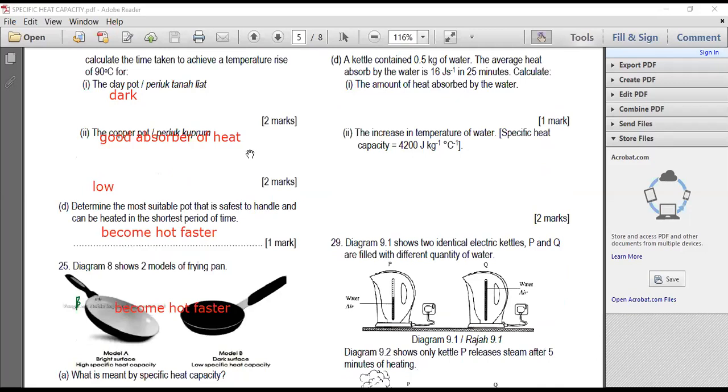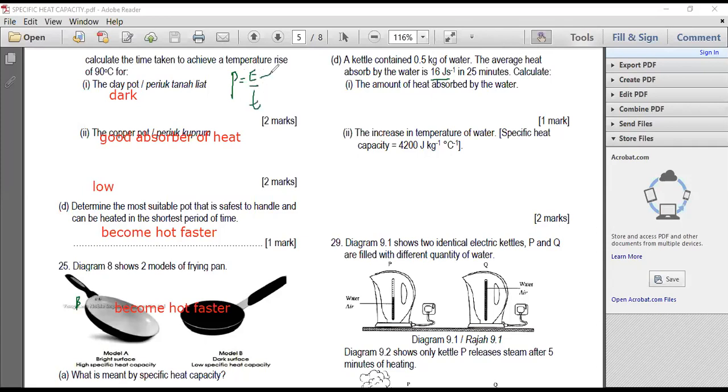Now, a kettle contains 0.5 kilogram of water. The average heat absorbed by water is 16 joule per second in 25 minutes. Calculate the amount of heat absorbed by water. If you look at this, it is 16 joule per second. Power is defined as energy over time.